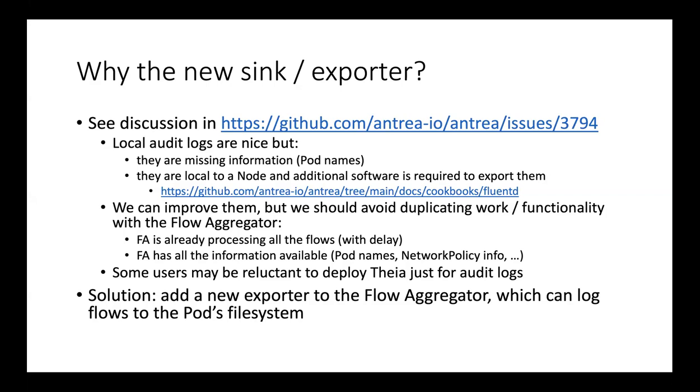Yeah, I thought that if it's only for flow visualization, it might be okay, but if this is going to be used for audit logging, it may have a higher requirement on the correctness of the information. Yeah, that's a good point.